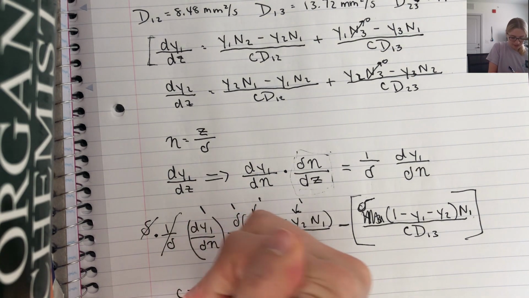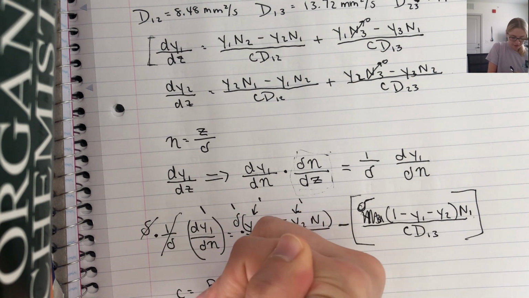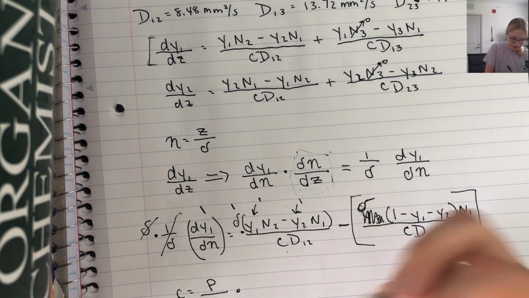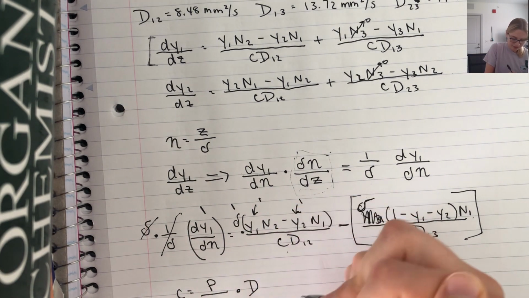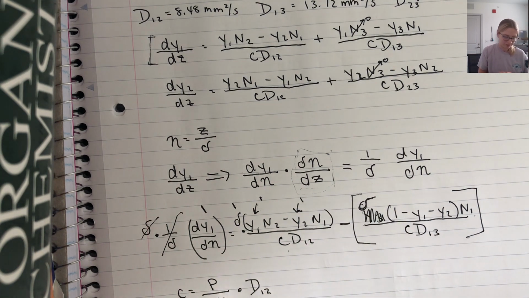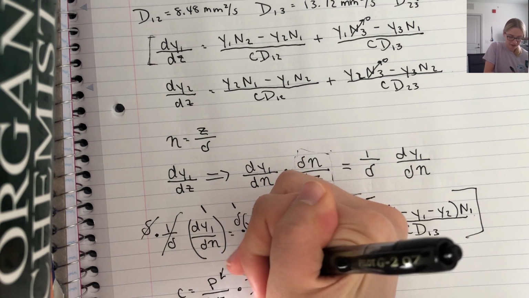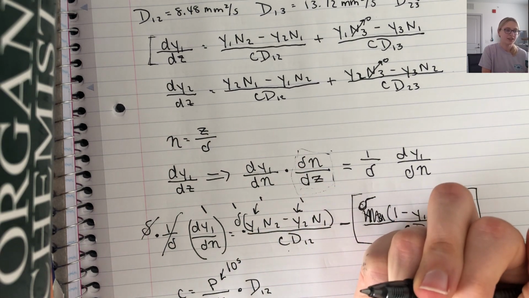So concentration is equal to pressure over the ideal gas constant times temperature, and then times the Stefan-Maxwell constant. So we know the pressure has an order of magnitude of 10 to the 5th in pascals.